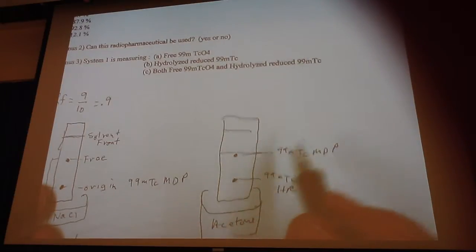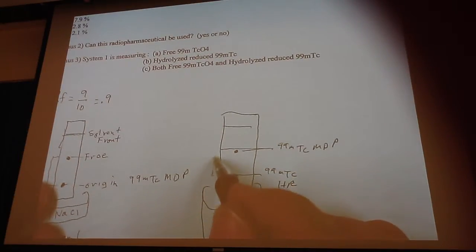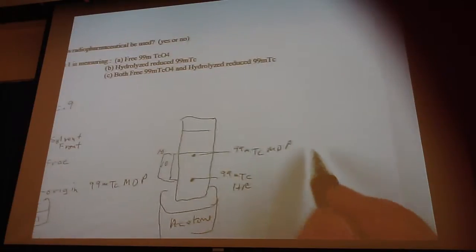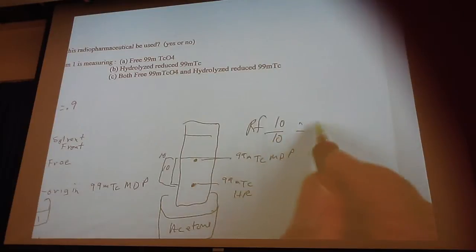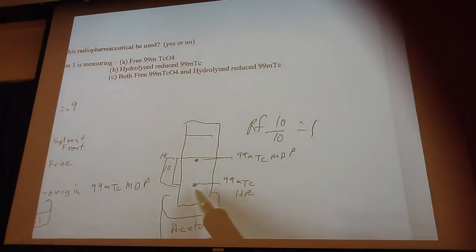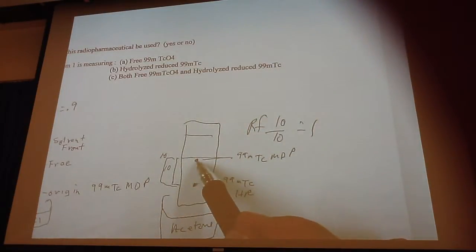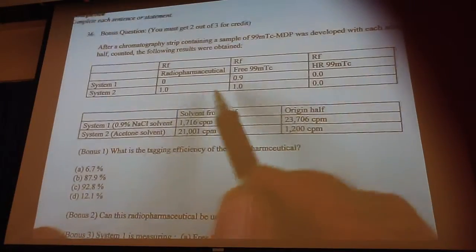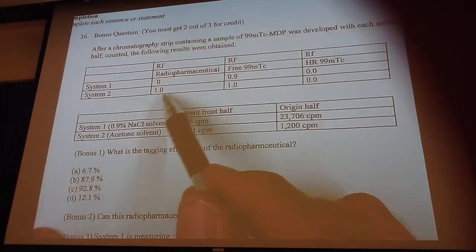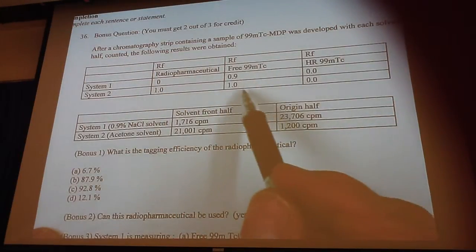So what happens then is the distance from the origin to here, let's say, is 10. The distance from the origin to the solvent front is 10. So therefore, your RF is 10 over 10, or equal to 1. So that means that your radiopharmaceutical moved with the solvent. And that's why on system number 2 here, it's telling you that the radiopharmaceutical is 1, because it moved with it.